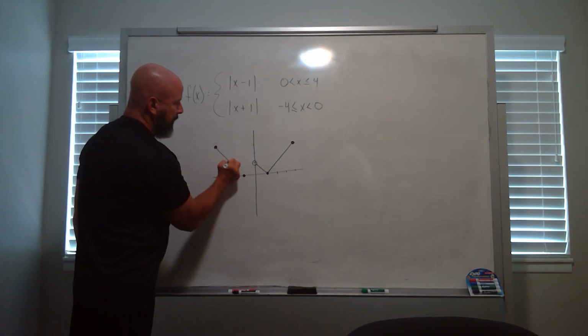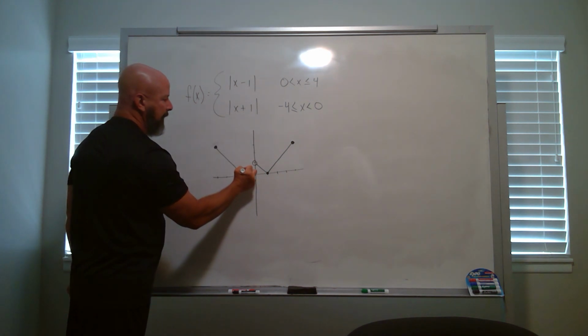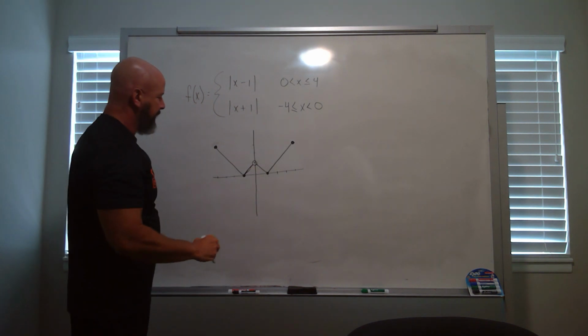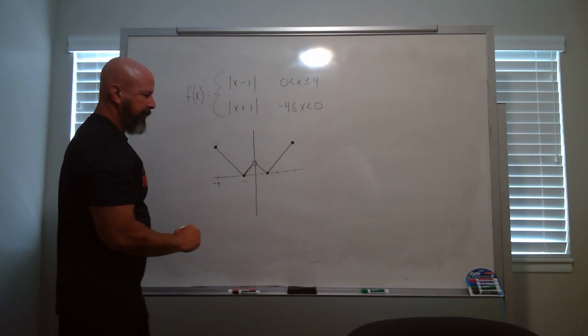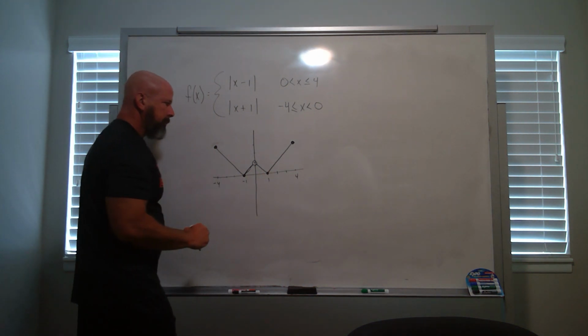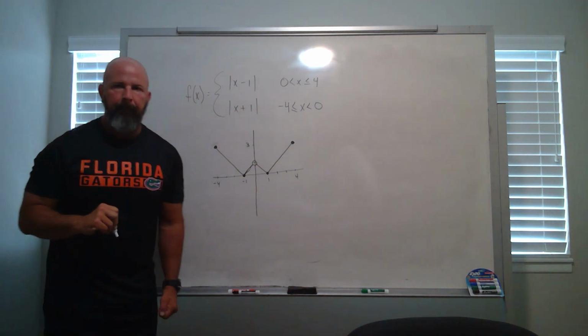There's that first part. And if I put 0 in, I get 1. And again, I'm going right to that open circle. And it doesn't close the circle because it still just has the less than. So let's see here. That's negative 1. That's negative 4. 1, 4. And that's up there at 3. And that open circle is at 1.